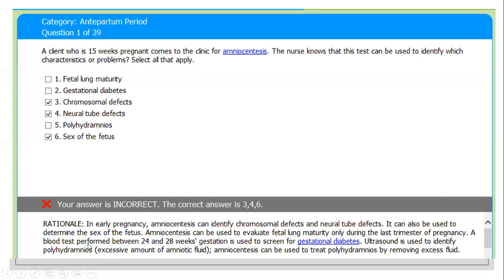A blood test performed between 24 and 28 weeks gestation is used to evaluate gestational diabetes. Ultrasound is used to identify polyhydramnios. What is polyhydramnios? Excessive amount of amniotic fluid. Amniocentesis can be used to treat polyhydramnios by removing excessive fluid.